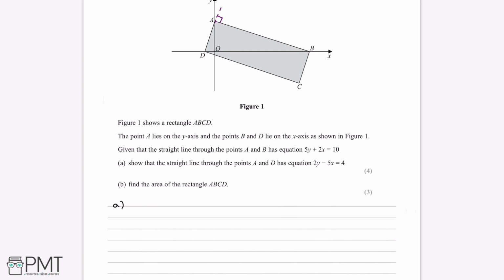And because we have the equation for the line AB, which is given to us in the question, we can find the gradient of the line and therefore the gradient of AD. So if the equation of the line is 5y plus 2x equals 10, if we rearrange this to get it in terms of y, because this is what we need to do to find the gradient, if we take away 2x from both sides and then divide through by 5, we're left with y is equal to -2/5 x plus 2.